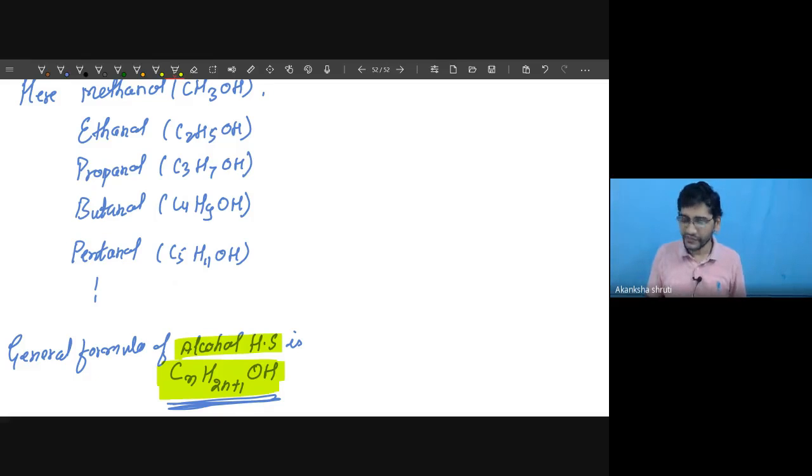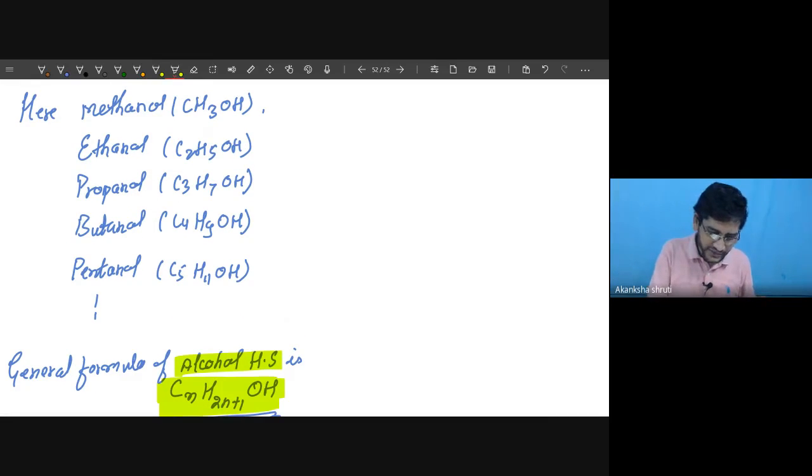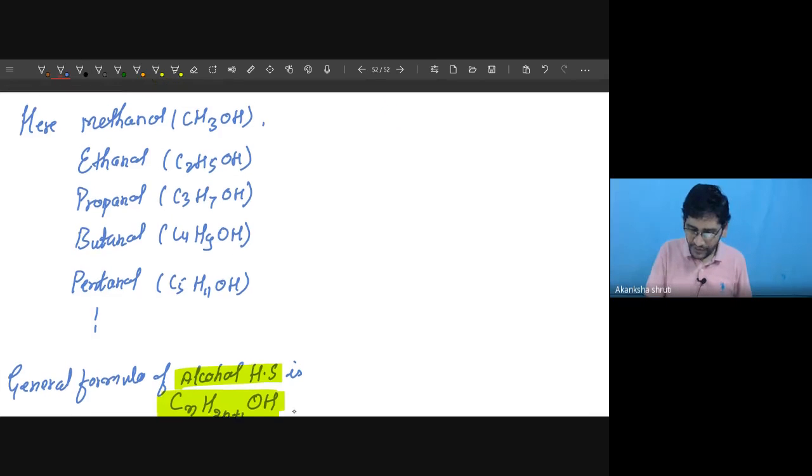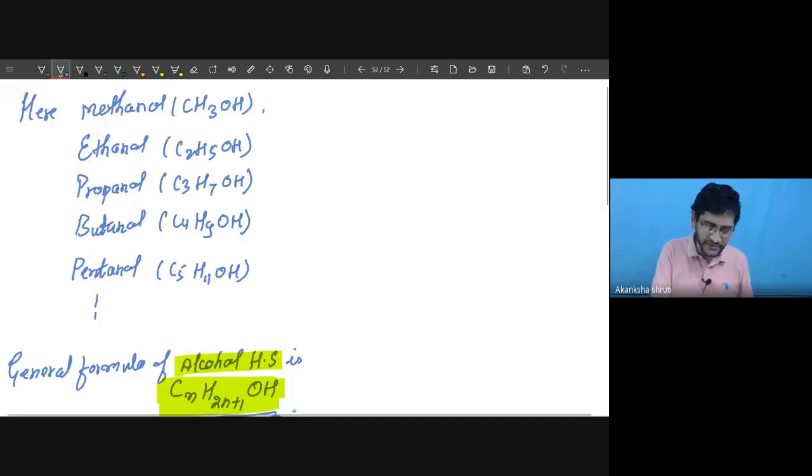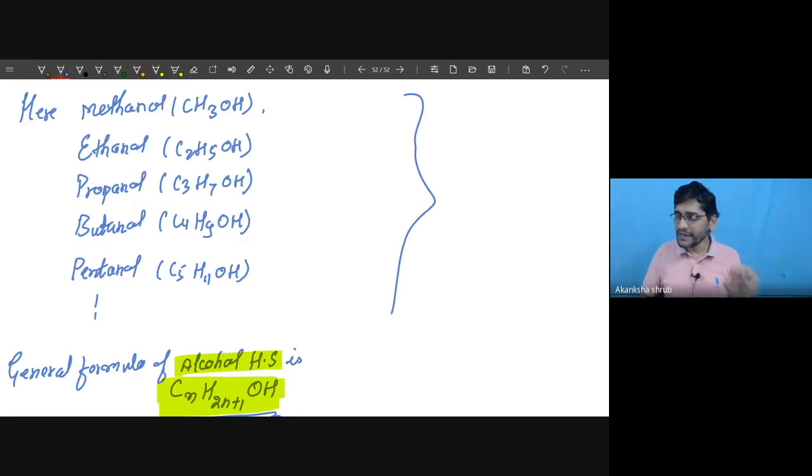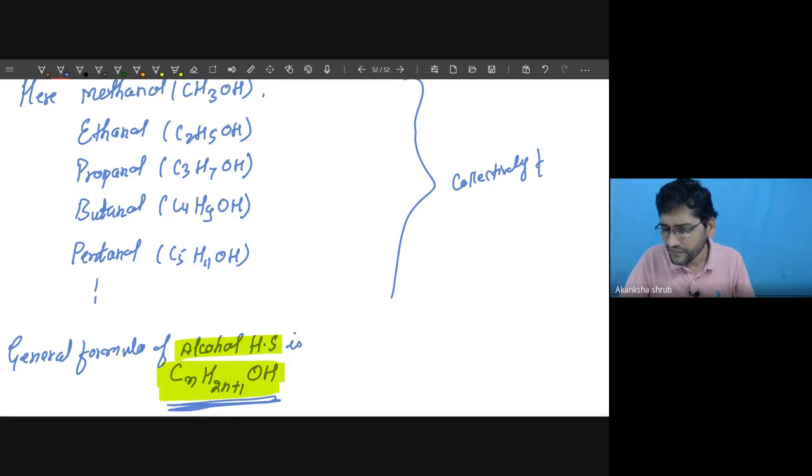It is this one. All these are the members, and collectively they form a group or a series. It is not only one member forming the homologous series. Collectively, all together, they form the homologous series of alcohol.